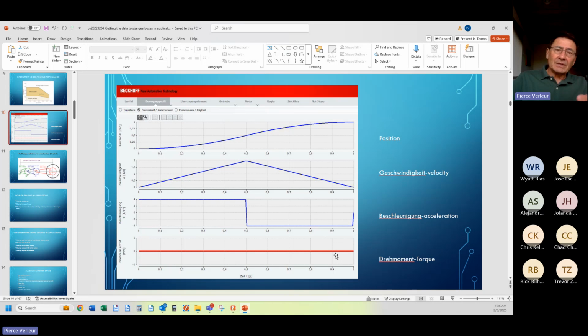However, just to illustrate the point, if we had a large flat surface perpendicular to the velocity direction or the movement direction, and there was a huge wind, well, then the torque on this side of the movement curve would be higher, and because the wind helps to decelerate the load, it would be lower on this side.